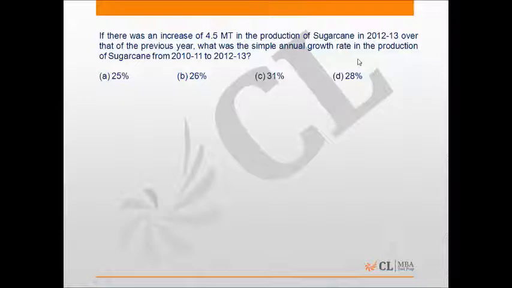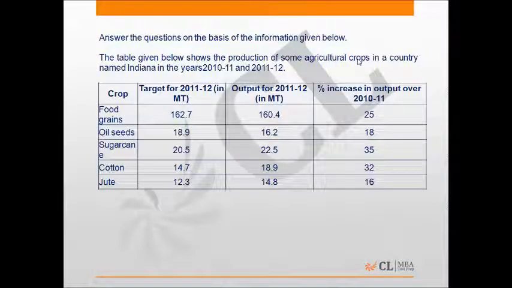Let's see. Sugarcane, I see that in 2011-12 it is 22.5. It has been increased by 4.5 million ton. So in 2012-13, it should be 27 million tons.